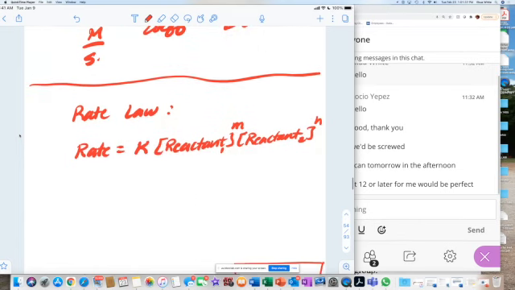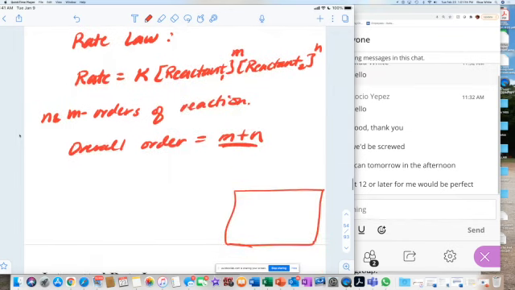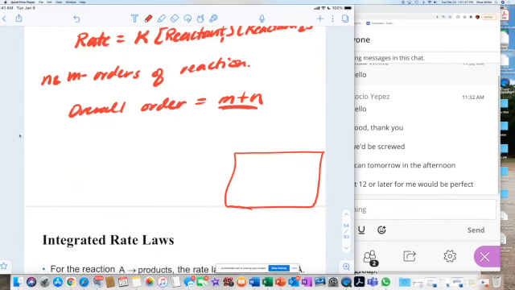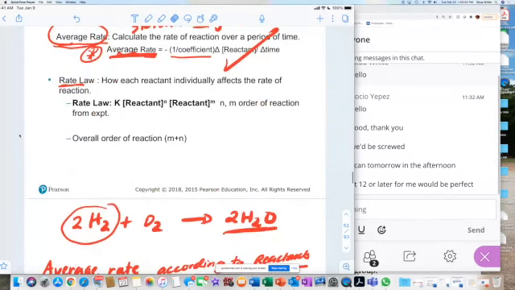And then remember from here, n and m are the orders of reaction. And then we said overall order, m plus n.